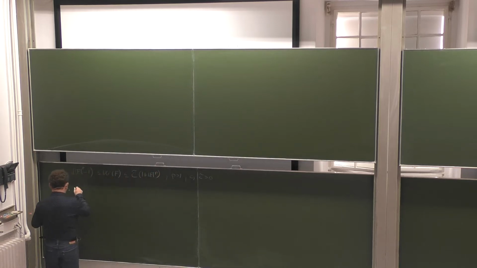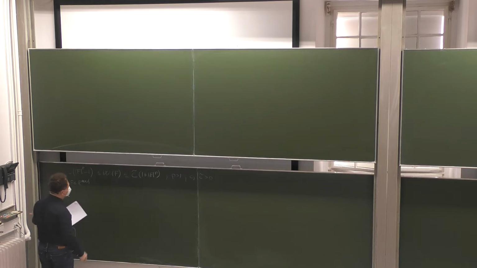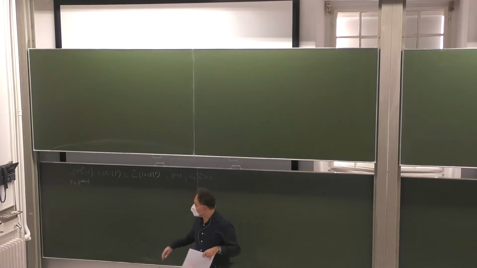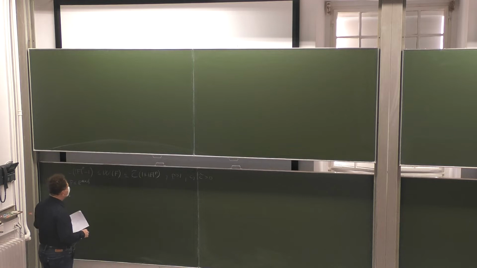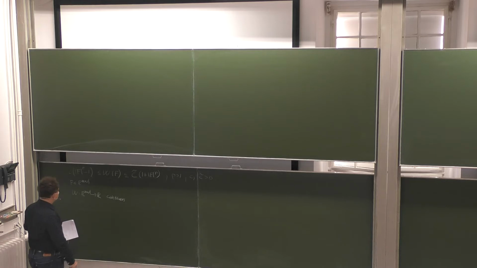We work on matrices, so F belongs to M times D, and this holds for every F, with constants independent of F. These are like coercivity and growth conditions. And we assume W is continuous.